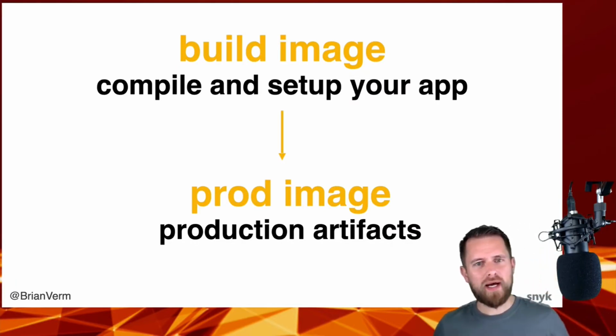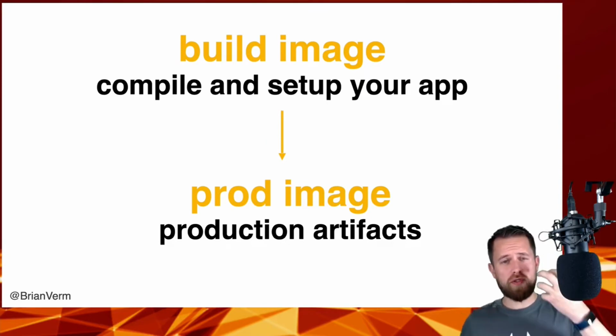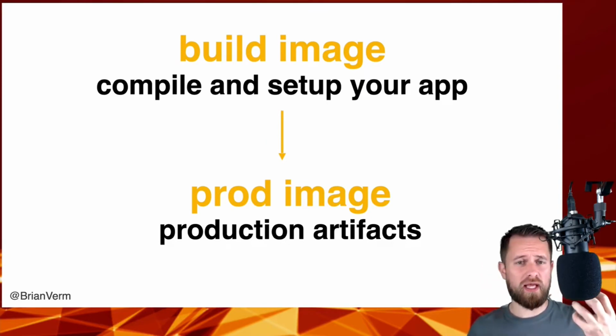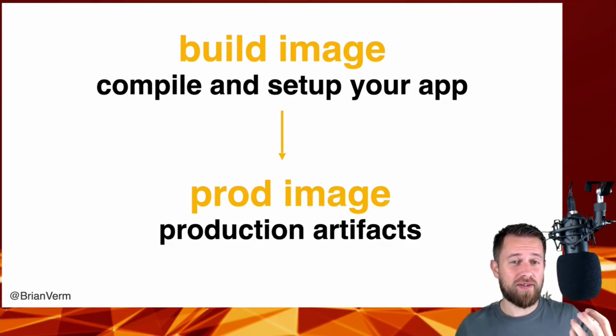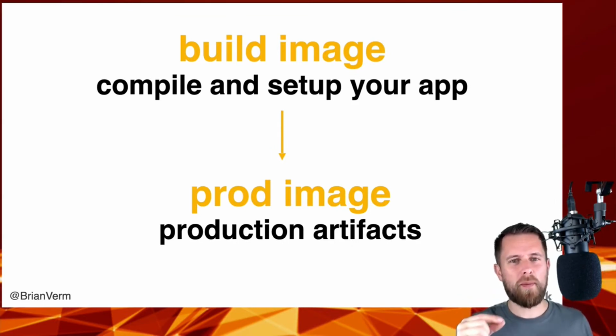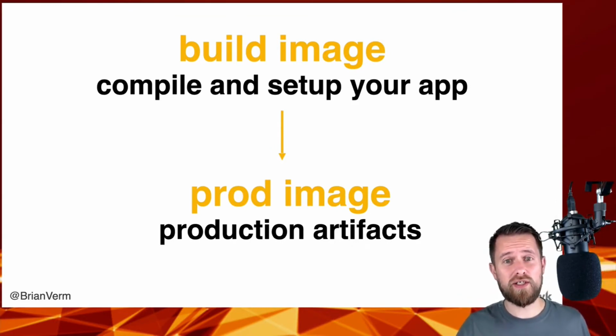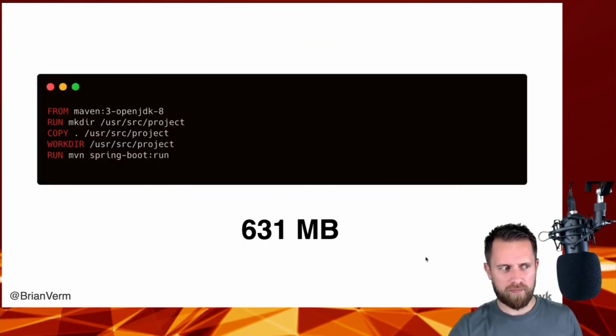So why not create a build image that builds your stuff, has things like Maven in it, and creates the binary, and a production image that actually is built from that build image with just the minimal amount of stuff that you need to run your application. Nothing more, nothing less. Let me give you an example.